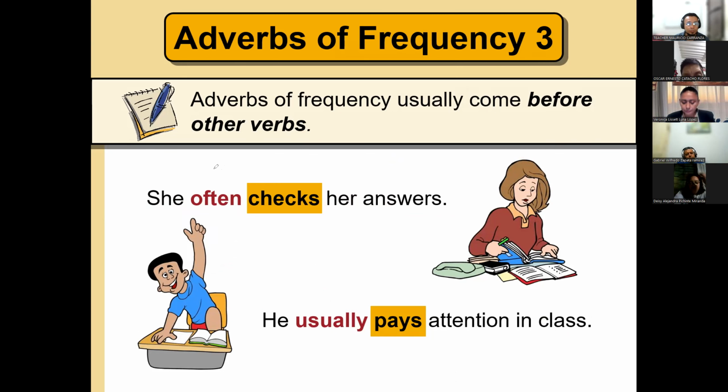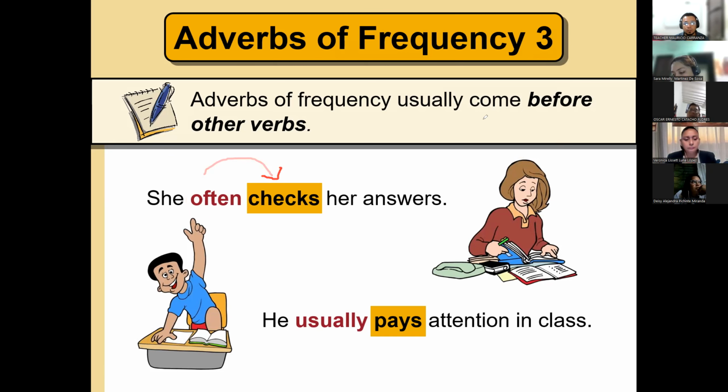First, you use the frequency adverb, and after that, you use the verb. Often checks. It is incorrect if you say she checks often, or if you say he pays usually. That is incorrect. So with other verbs, the verb goes after the frequency adverb. That's something that you have to remember.